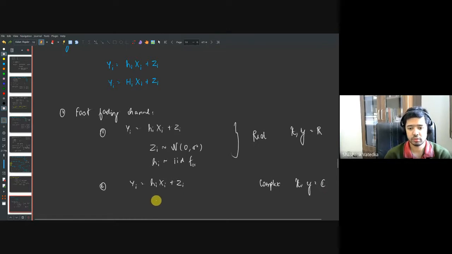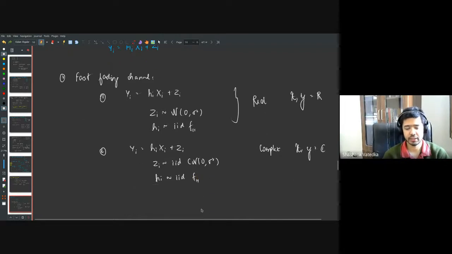So Z_i is IID complex Gaussian with mean 0 and variance sigma square, and each H_i is again assumed to be IID, again a complex number with some particular density.